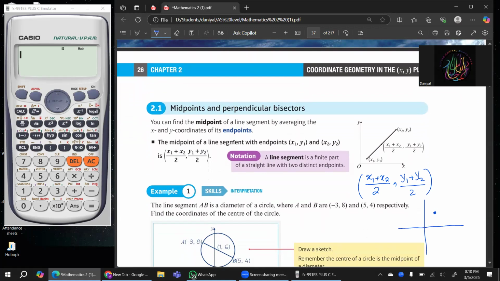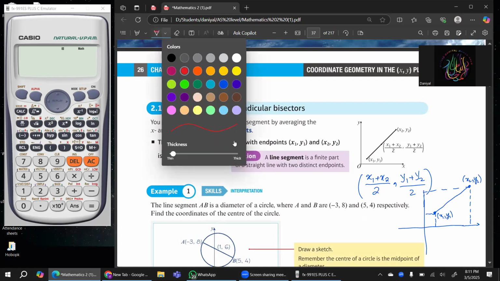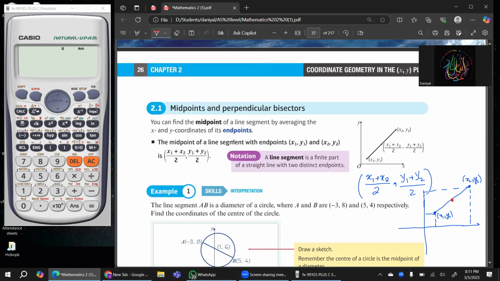If we have a line starting from this point and ending at this point, it is going to be our x1 comma y1, and if we draw this point, it's going to be our x2 comma y2. So the midpoint would be the center point of this line. So how do we find this point is actually found by this formula, which is written as Pxy, x1 plus x2 over 2 and y1 plus y2 over 2.